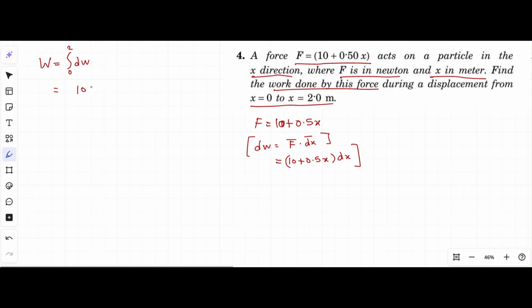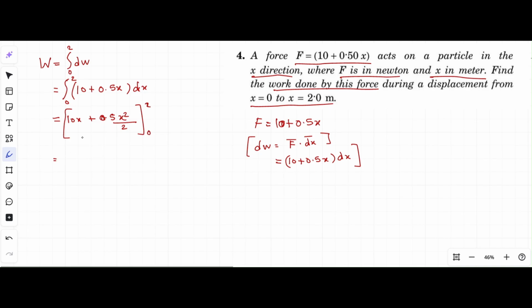This dW is 10 plus 0.5x dx, integration from 0 to 2, which is equivalent to 10x plus 0.5 x square by 2, and this thing is from 0 to 2.